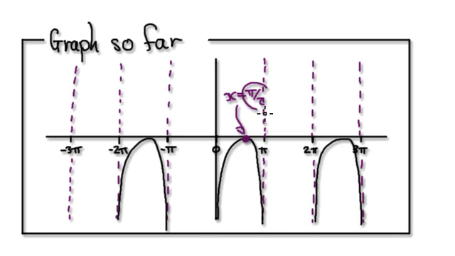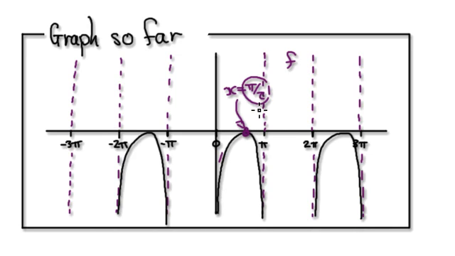Now we need to check that at x equals pi over 2, the original function f of x does actually cross at 0. So let's double check. We know the gradient will be 0 at pi over 2, but let's double check the actual function itself. Let's just check that the coordinates at this point will be pi over 2 comma 0.